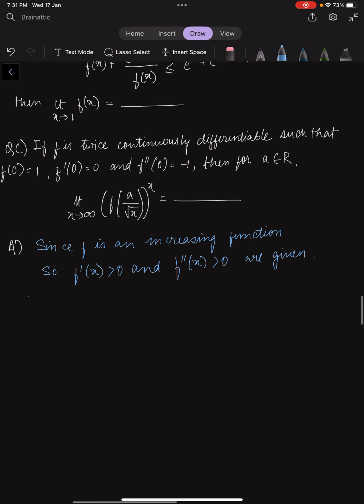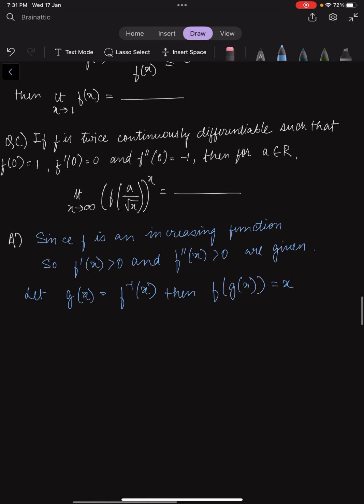Now let g of x be equal to f inverse of x. Then we can say that f of g of x is equal to x. Now we will differentiate with respect to x and by chain rule we'll get f dash of g of x into g dash of x is equal to 1.